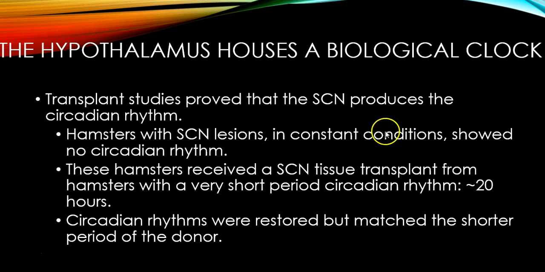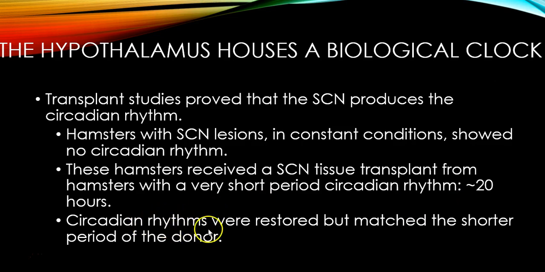They've done transplant studies that prove that the SCN produces circadian rhythms. These hamsters had SCN lesions, and those hamsters showed no circadian rhythms. The endogenous 24-hour rhythms were no longer there. Then these hamsters received a tissue transplant of SCN tissue from hamsters who had a very short circadian rhythm, so instead of being 24 hours, about 20 hours.